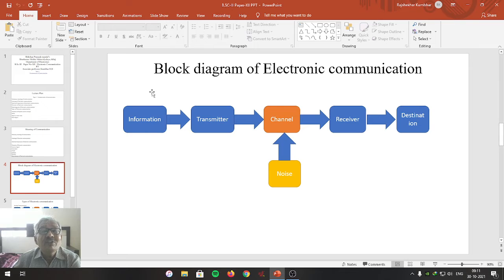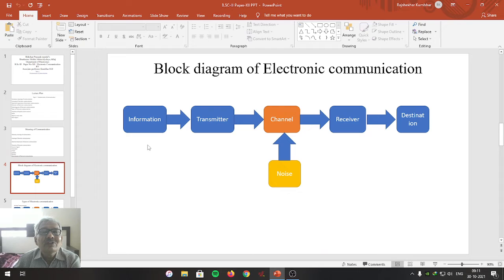That is going to make you aware how electronic communication is simple and how it is utilized for our regular communication purpose. If you look at this block diagram, you observe that many elements which we studied in yesterday's lecture are all parts of it.